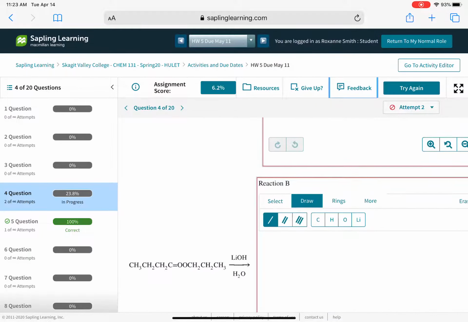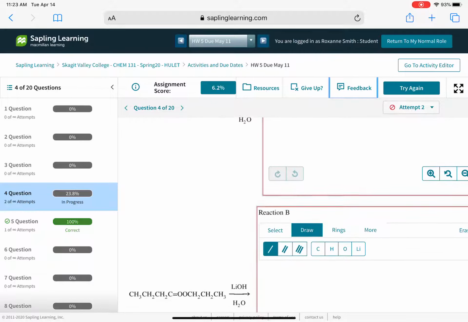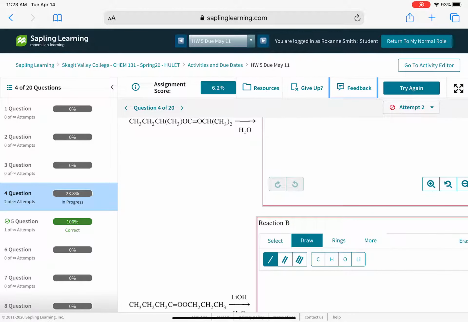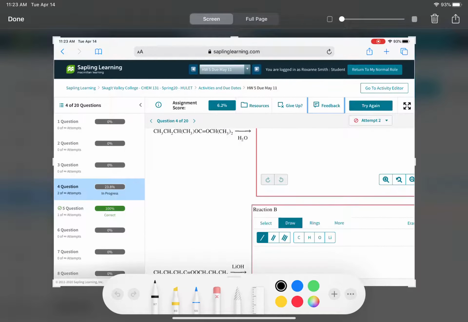So let's go back up to these two with the condensed notation again. Tricky condensed notation. Let me draw those out for you so that you can do these ones. Again, I'm going to start with the carbon-oxygen double bond because I feel like that's an easy place to start. And I'm going to go to the right.